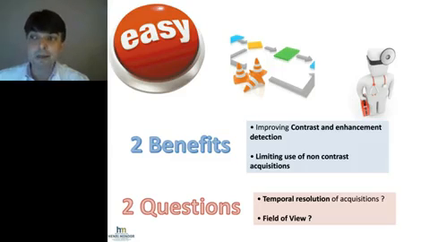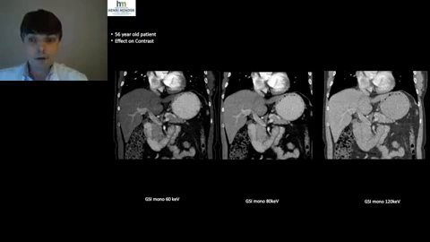And I was going to illustrate those different benefits and first focus on the benefits of contrast and enhancement detection. If you look at that first slide, which is an arterial phase spectral imaging acquisition, a late arterial phase, in a patient looking for hepatocellular carcinoma in a 56-year-old patient, here I provide 3 different sets of reconstruction that are all derived from the same spectral acquisition.